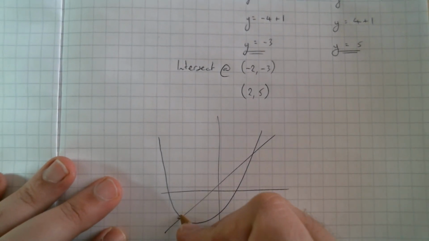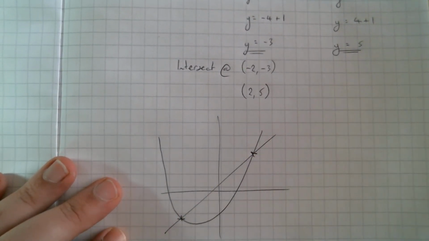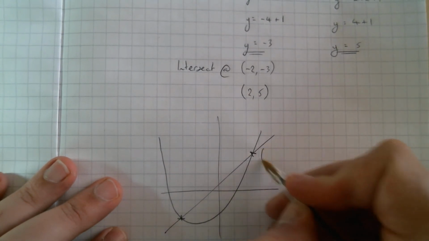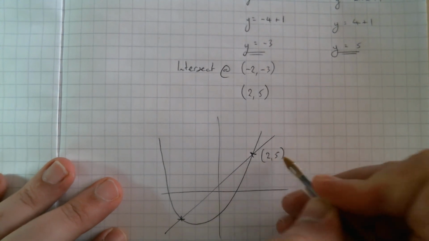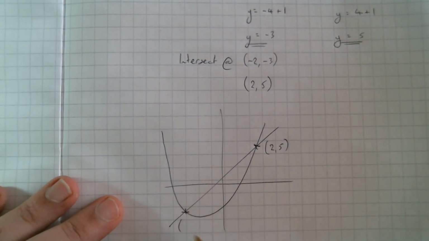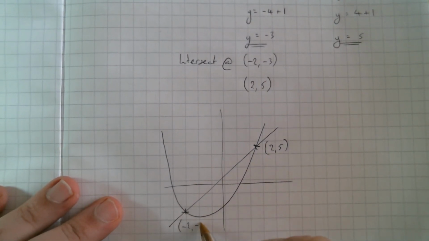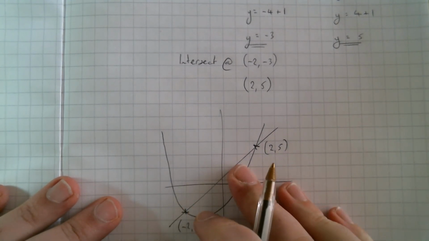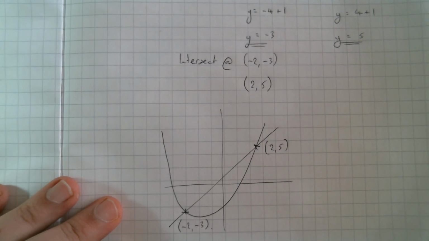And you can see that there are two intersections. This one will be the 2, 5. This one will be the negative 2, negative 3. So that's what's happening graphically, but we've solved it algebraically.